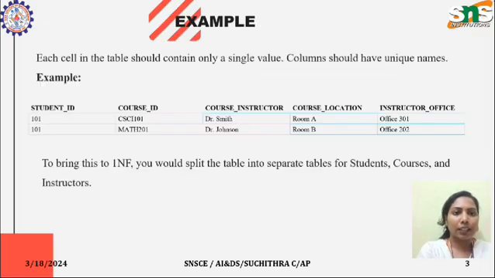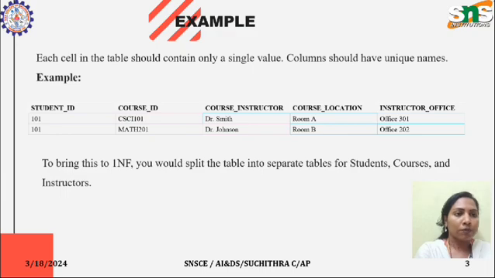Each cell in the table should contain only one single value. Columns should have unique names. For example, student ID, course ID, course instructor, course location, instructor office. Each cell in a table should contain only a single value. That is, the student ID must be 101 and 101.